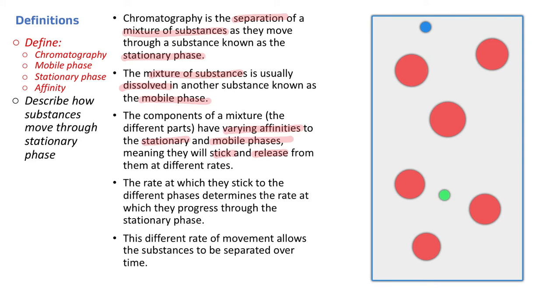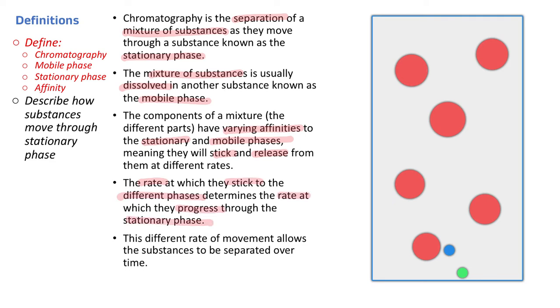This other one might go a little bit slower, so it might get stuck here and stay there for a while, then come off, get stuck at the next one, stay there for a while, and then come off. Ultimately, these two things eventually move through the stationary phase. The rate at which they stick to the different phases determines the rate at which they progress through the stationary phase.